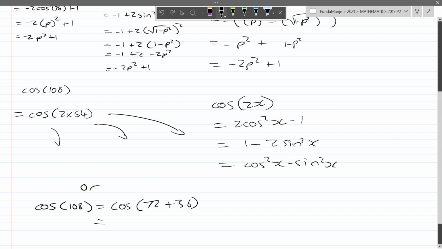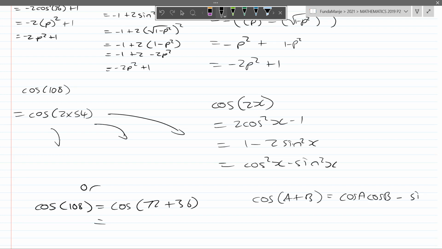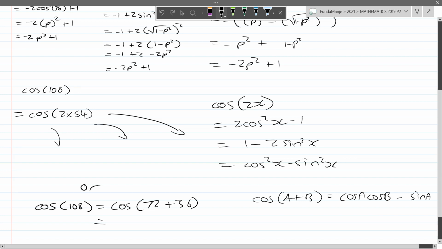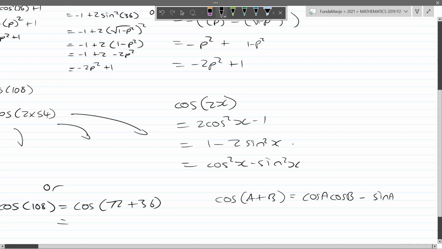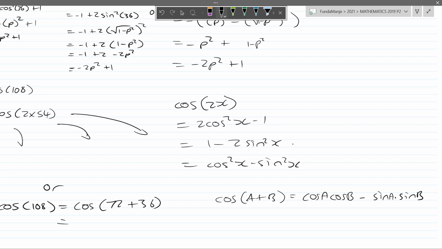And then you could use your compound angles, which state that cos of a plus b is equal to cos a times cos b minus sine a times sine b, like that. And then you could make your substitutions with a being 72 and b being 36.